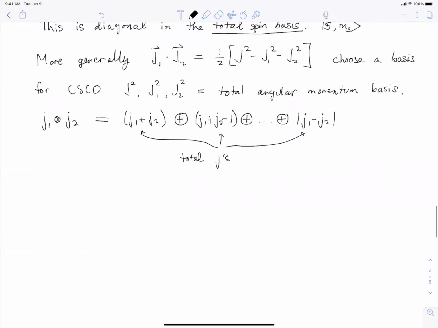All right, so let's do a classic example as an application of this to actual physics. And this application is the hyperfine splitting of the hydrogen atom.